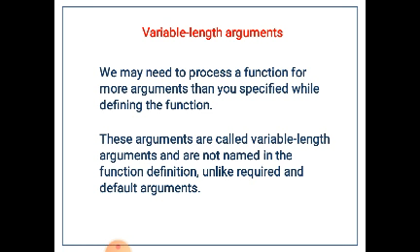So when should variable length arguments be used? When we need to process a function for more arguments than we have specified while defining the function. These arguments are called variable length arguments and are not named in the function definition, unlike required and default arguments.